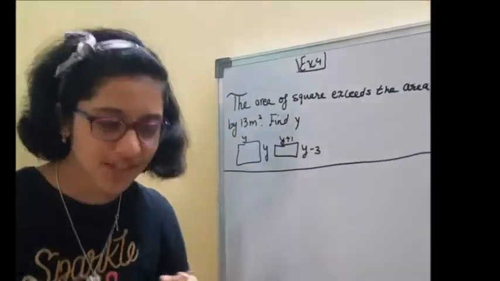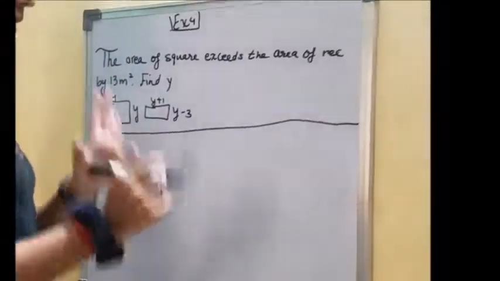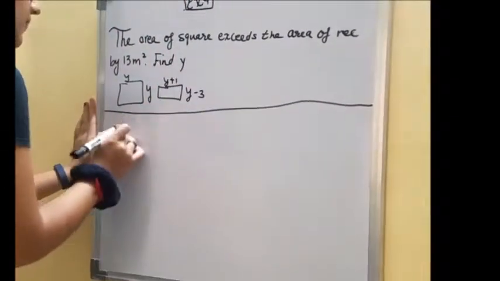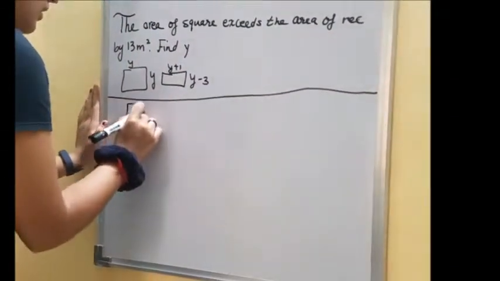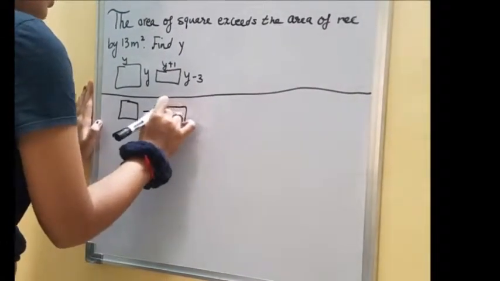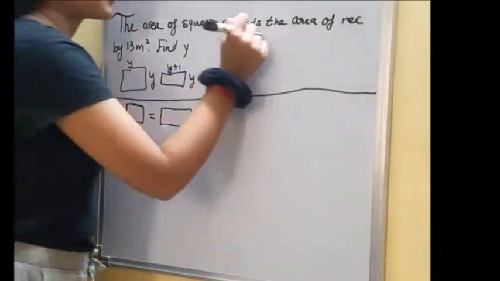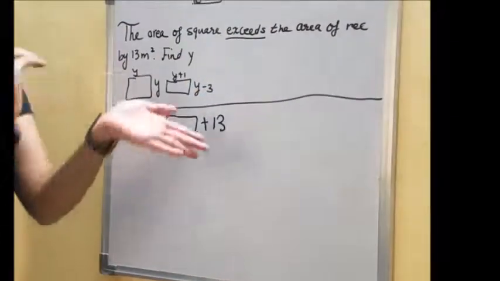Sorry, my brain bursted a little bit. Let's try this again. So what I meant to say was the square is equal to the rectangle plus 13, because the keyword over here is exceeds, and exceeds means like plus.